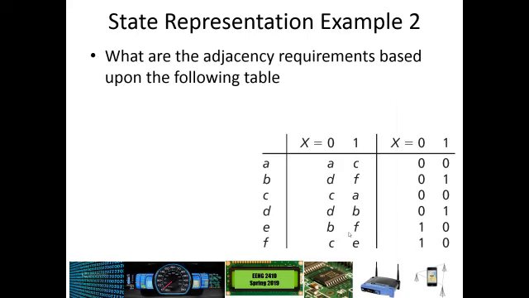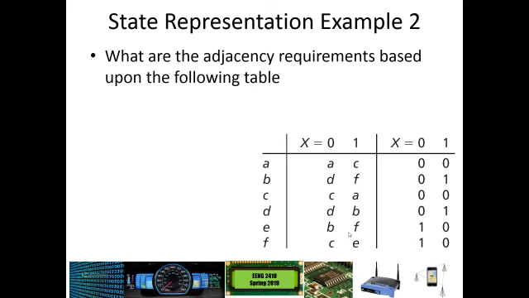So let's look at this state table and see what are the adjacency requirements based on this. So if we look at guideline 1 in the x equals 0 column, which states are we transitioning to together? Well, if you look at A, it goes to A. Nothing else seems to go to A. If you look at B, it goes to D, and so does D go to D. And so we might want to make B and D adjacent to one another.